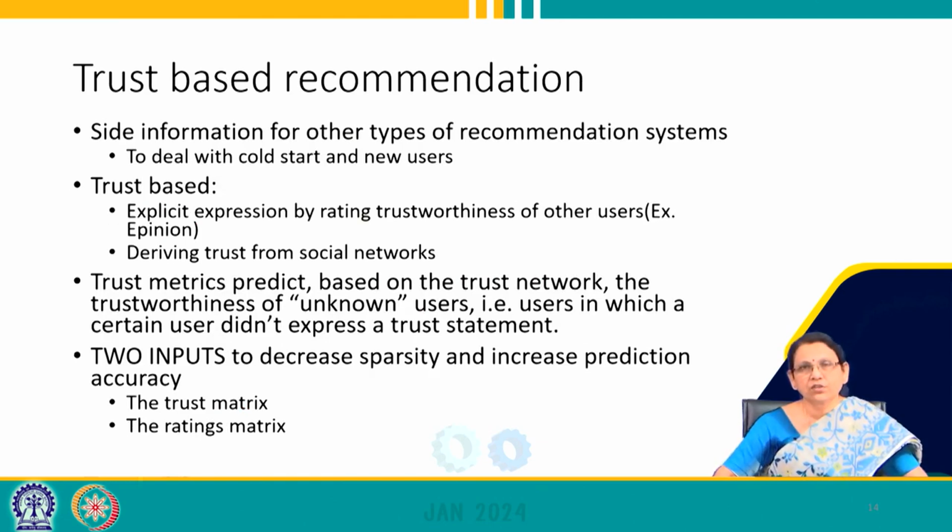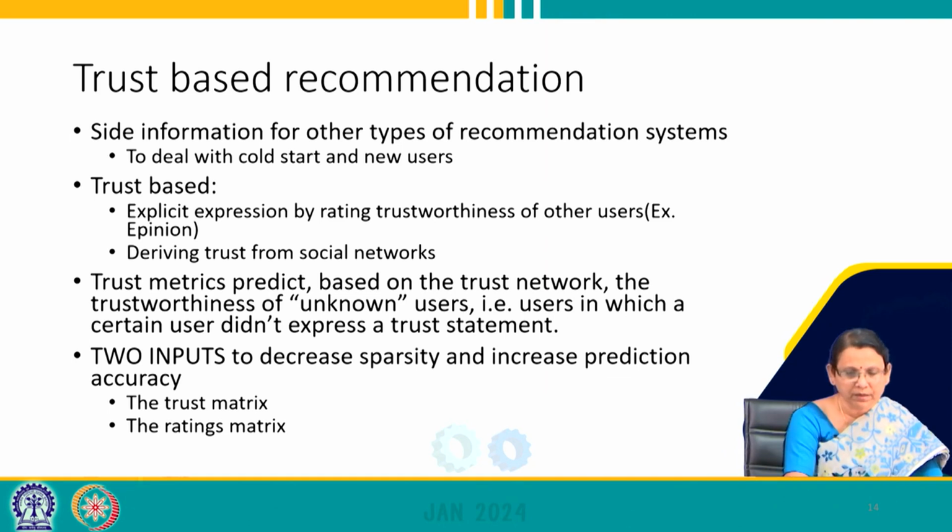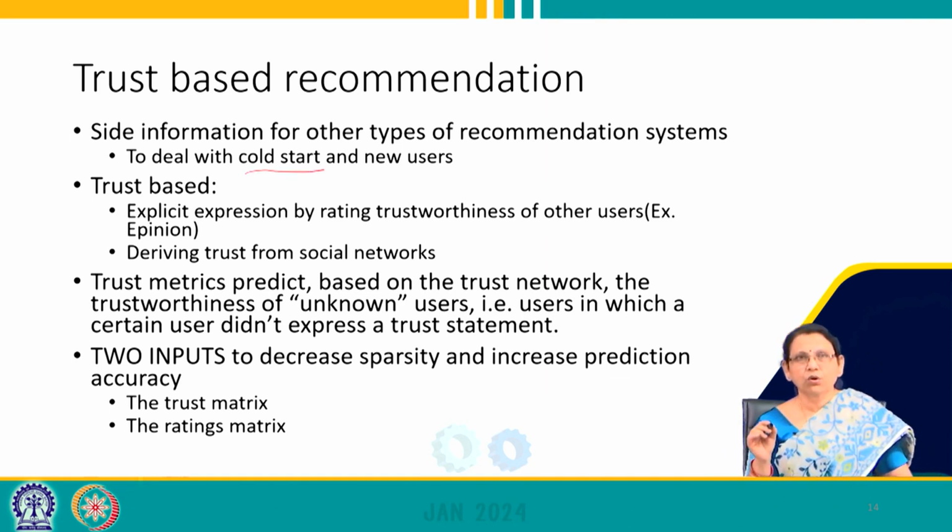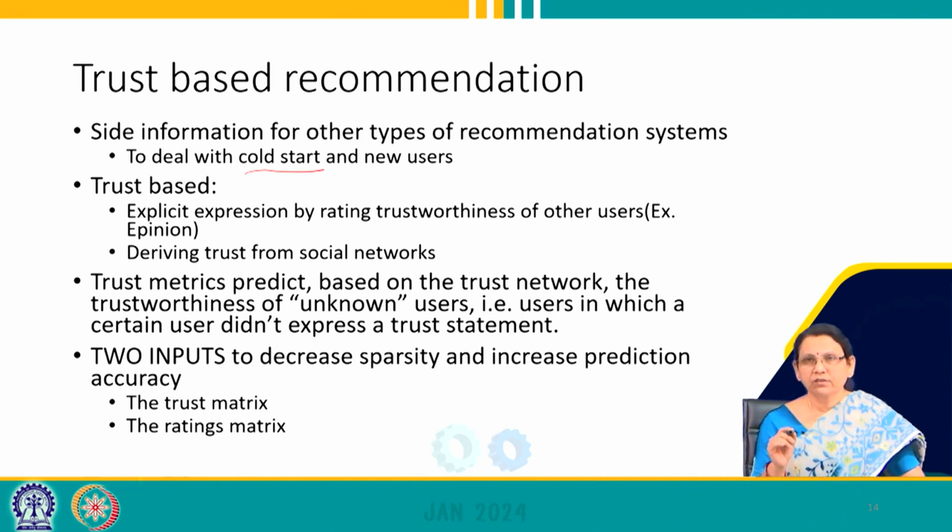Next is your trust based recommendation. In case of trust based recommendation, as I told you in one of the initial slides, there are many problems which arise in a recommender system and need special attention. One such problem is the cold start problem. This cold start problem can happen with respect to a new user or a new item.